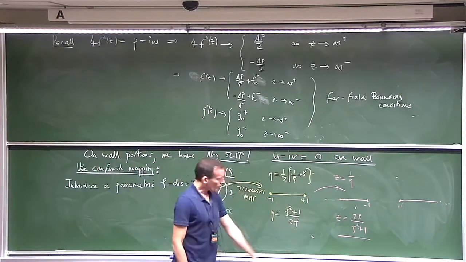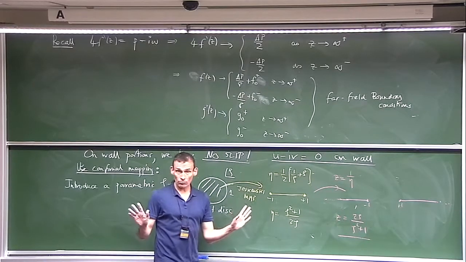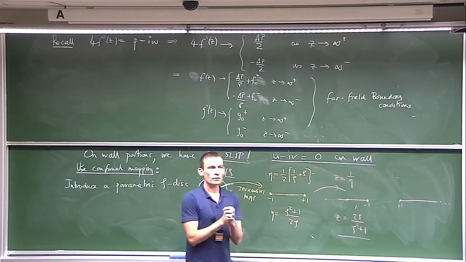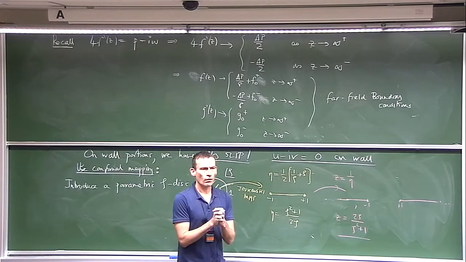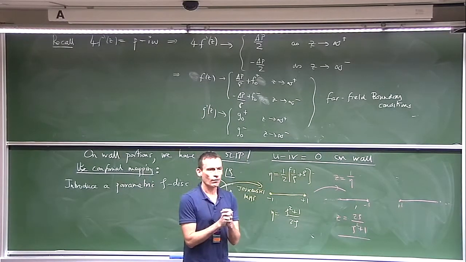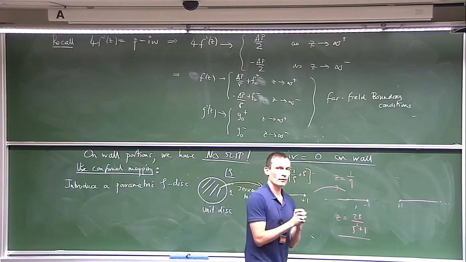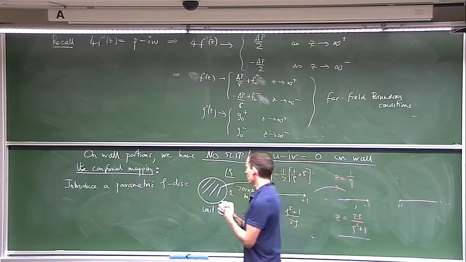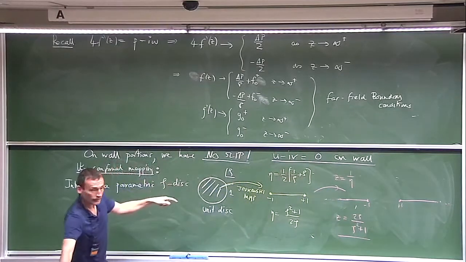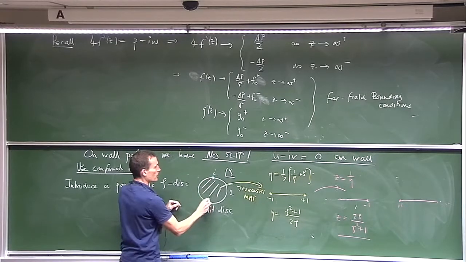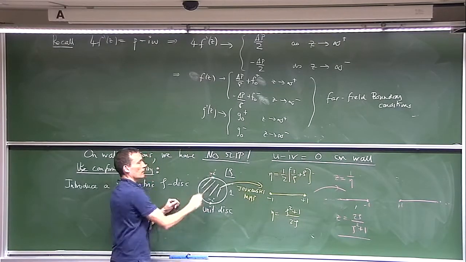Well, it's a rational function. What are its singularities? Plus or minus i. Right? So in other words, here and here at i and here at minus i, it has singularity.